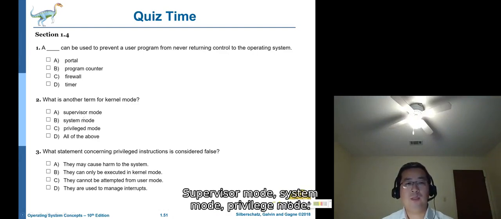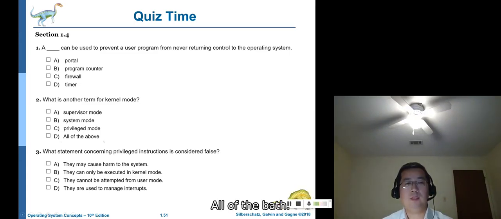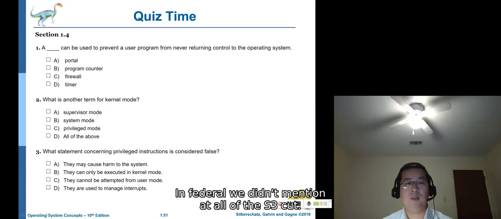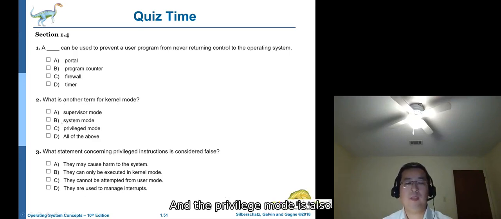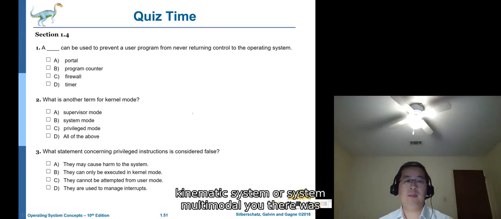Supervisor mode, system mode, privilege mode, all of the above. In fact, we didn't mention it, but all three are correct, so D is correct. Supervisor mode is also kernel mode, privilege mode is also kernel mode, and system mode is also kernel mode. They are different names.